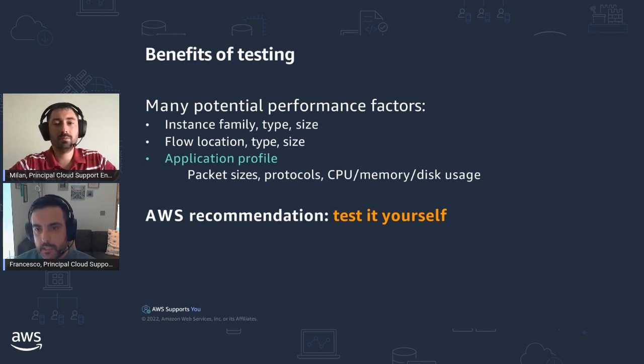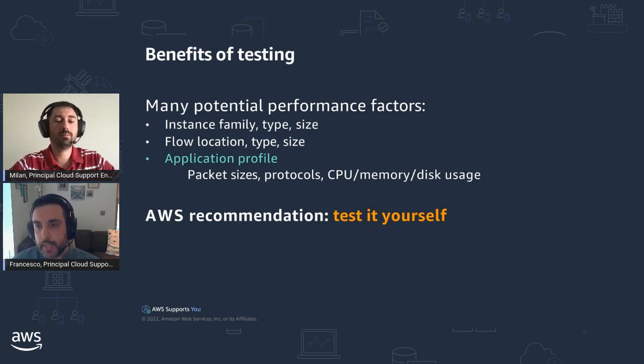Because besides selecting the right instance type, which might have certain capabilities, you need to think a bit about your application. Are you using TCP versus UDP, how much data you're sending. Again, is it a transactional service where latency is very important, or are you transferring a lot of data where latency is less of a factor?